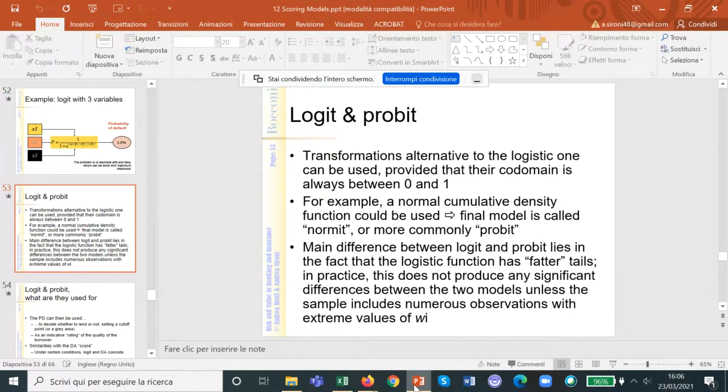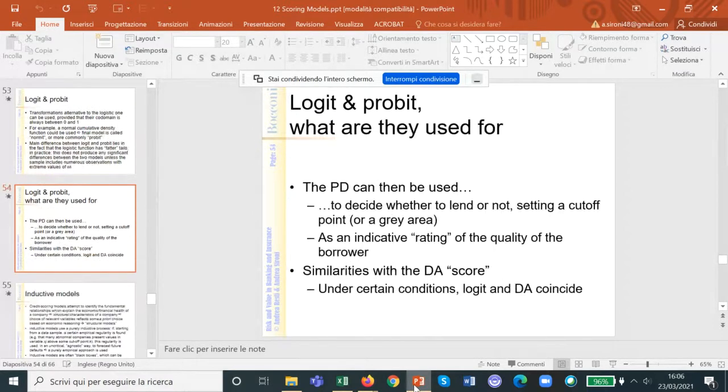Probit is an alternative transformation to the logistic one, again with the codomain between 0 and 1, but the model is a different kind of transformation. I don't want to go into the details of that. Finally, again, as I mentioned, the PD can be used directly or as an output for the rating, and then from the rating, we derive the default frequency, okay?